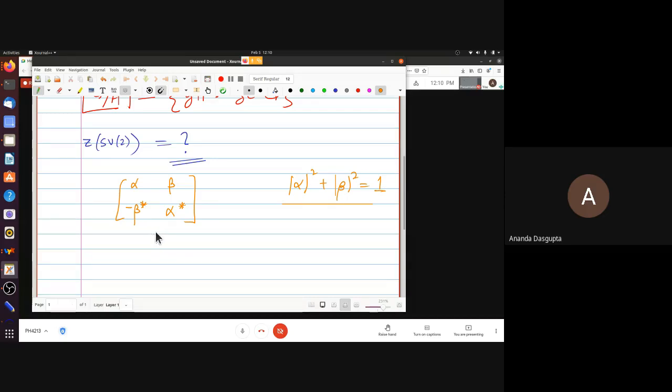Everybody remembers this, right? This was one of the first things that we discussed in the first discussion class. That every element of SU2 can be labeled by two complex numbers, alpha and beta, whose mod squares add up to 1. And the four elements are given by alpha, alpha star, beta, and minus beta star, respectively. Everybody remembers this, I hope.